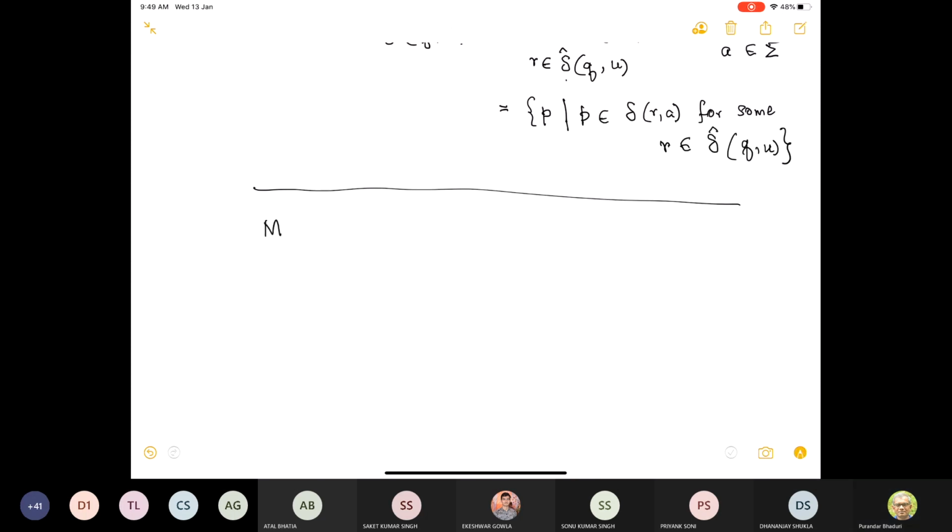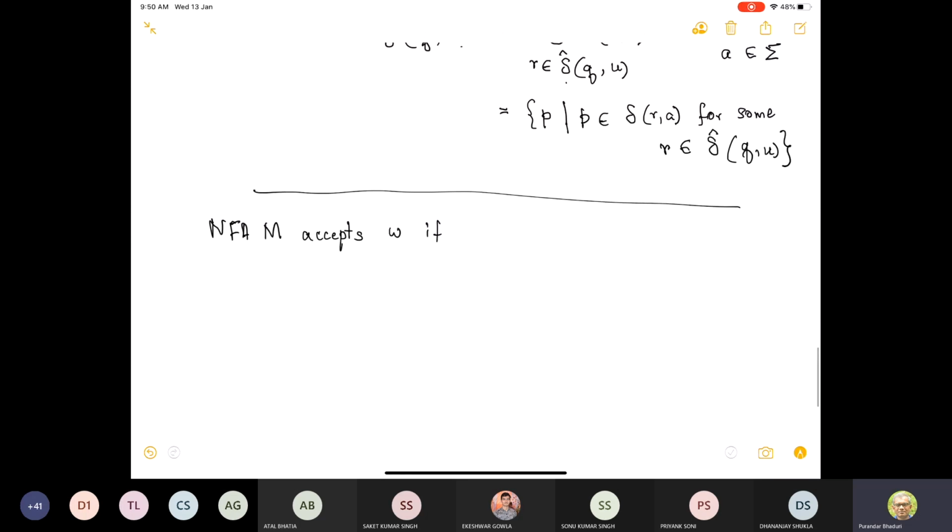We say that NFA M accepts W if delta hat Q naught W, so this is a set of states, contains a final state, then W is accepted.